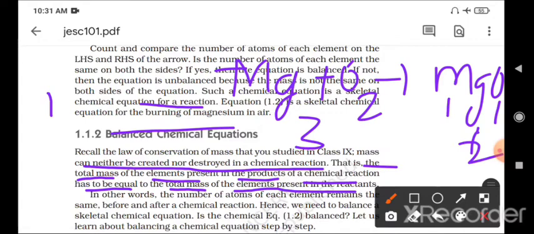That is called the balanced equation. And if it is unbalanced, it means the total mass of an element present on the reactant side is not equal to the total mass of an element present on the product side. That is called the unbalanced equation.